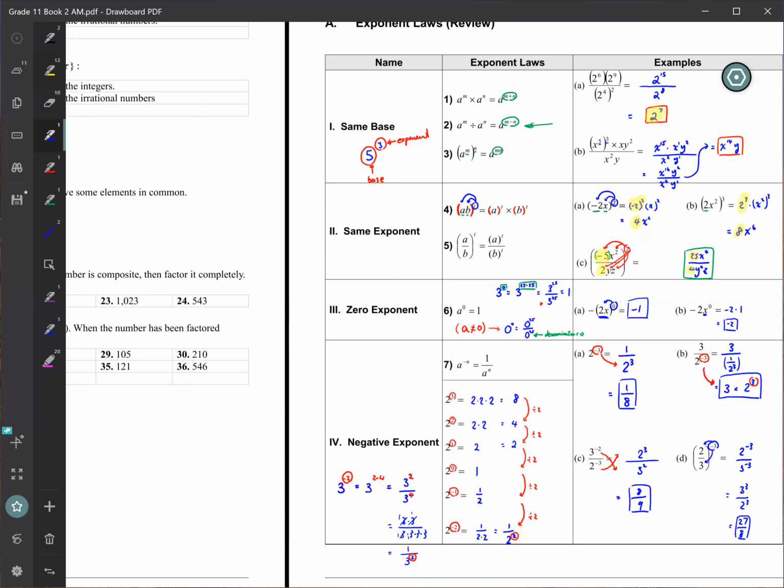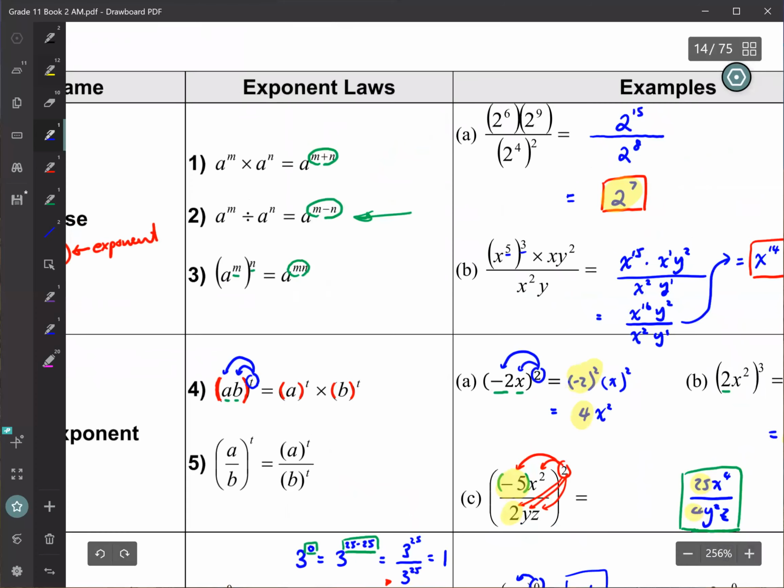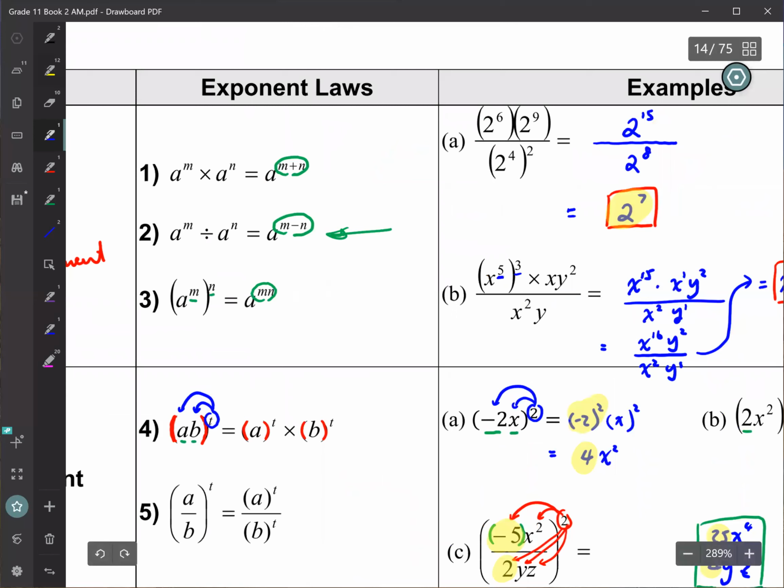The same exponent one. No, not the same exponent one. It's in the top 3. Which one? The same base. Yeah, which one of the top 3? Number 3. Yeah, number 3, you have exponent, it's like x to the 5, right? And an x to the 3. So what do you do?